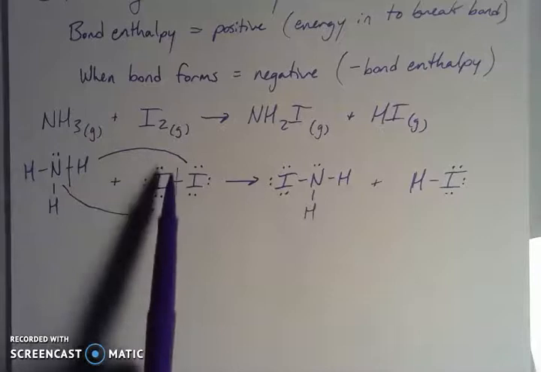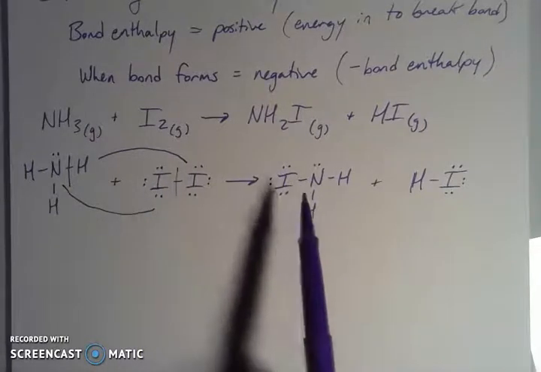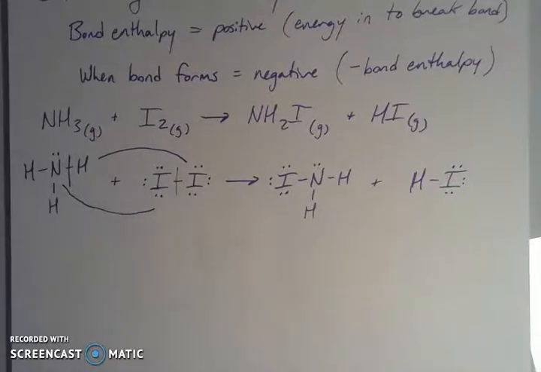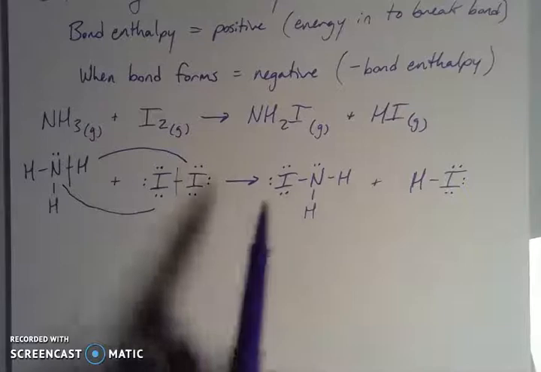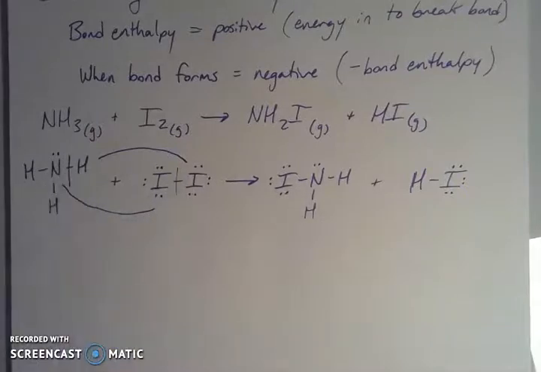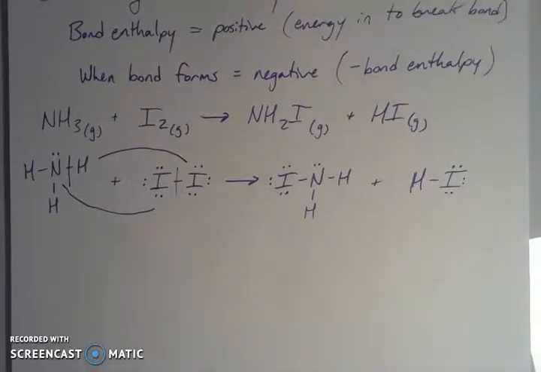So this bond breaks, one of these iodines jumps on here. And again, I kind of have it flipped just for ease, my artistic skills are already being taxed by this. And then when this guy breaks, then the other one is going to join up with that hydrogen. Okay, so if we're mapping out what's happening on a what's being broken and what is forming level, then this is what's happening.